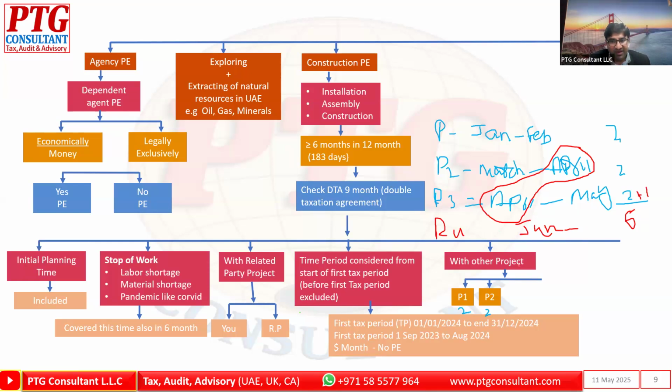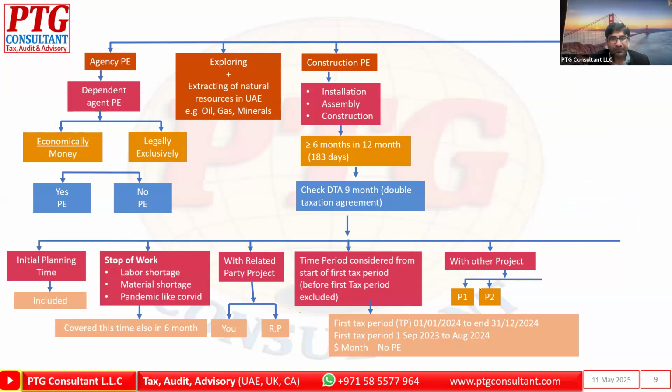I want to give you this understanding of overlapping and repetition. So with P1, P2, P3, P4 in different durations, we have to take the total and see whether the condition is met. Yes, it will be PE.